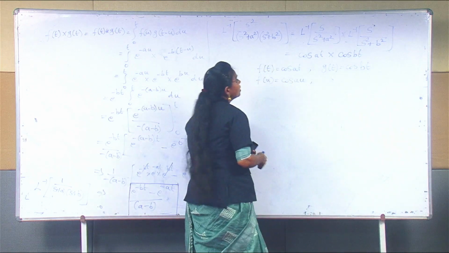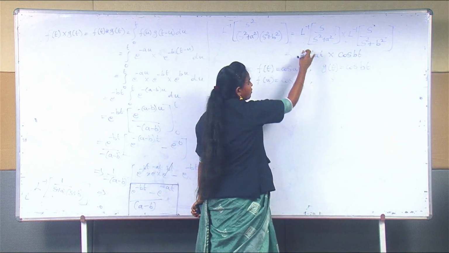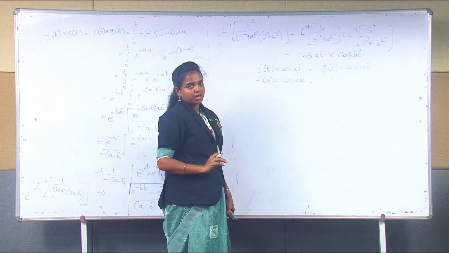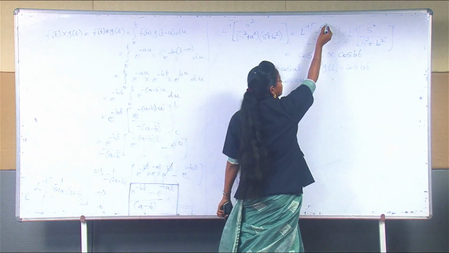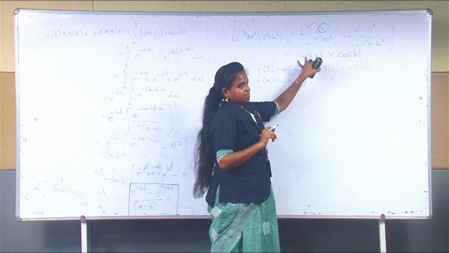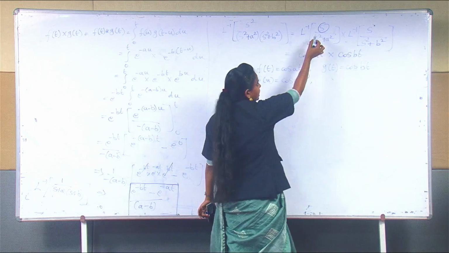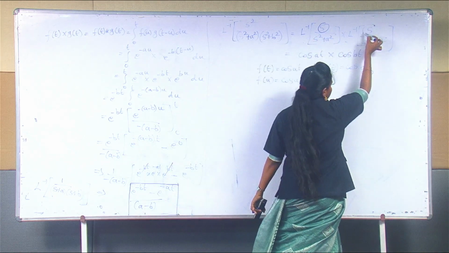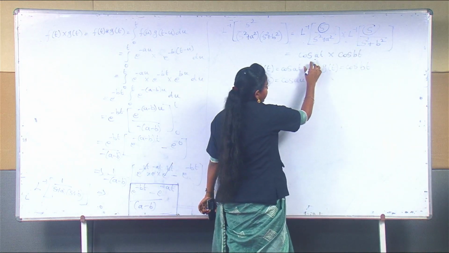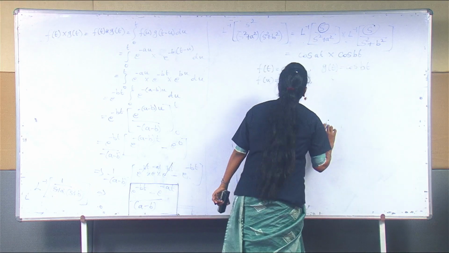This is the direct formula of L inverse of s divided by s squared plus a squared. When we have the s term in the numerator, we can use the cos function. Here we are getting s in the numerator, and here also we are getting s in the numerator. So, cos at into cos bt.